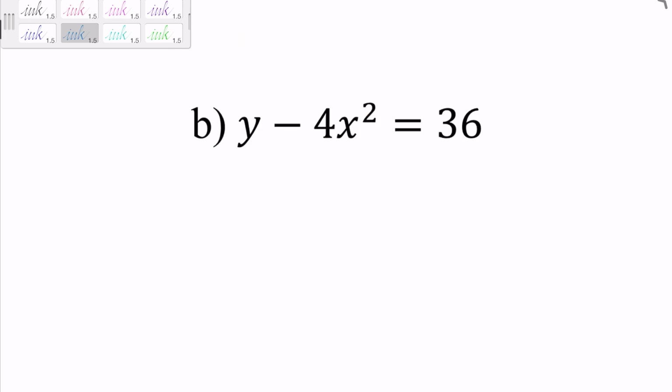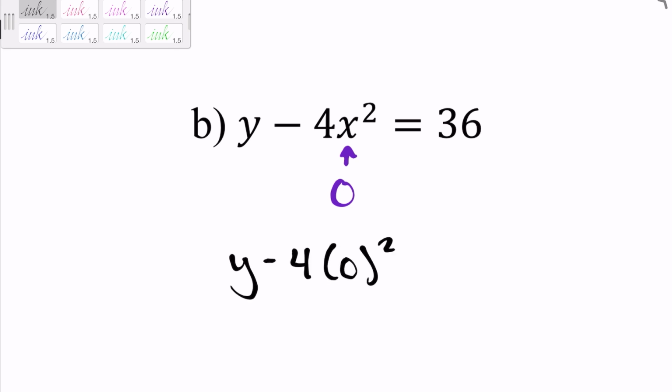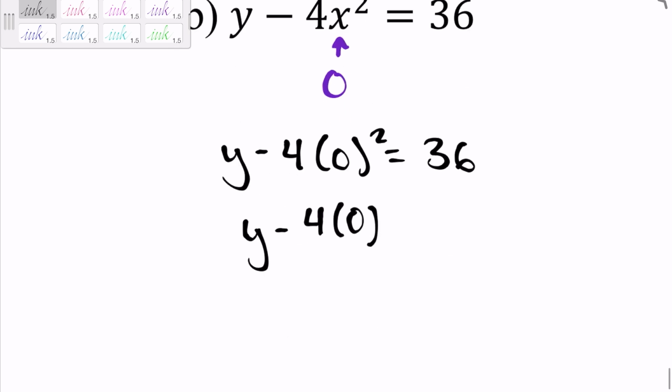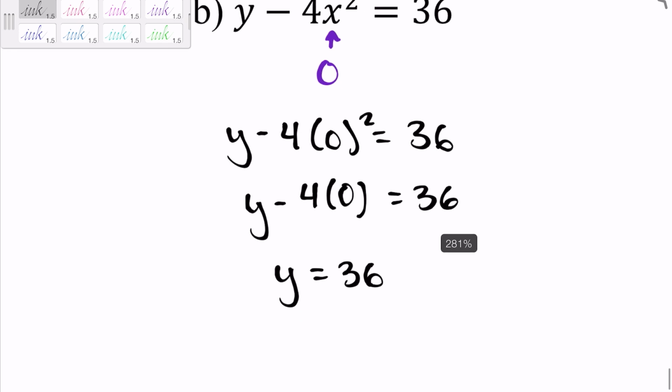The next one, I have an equation. And so I'm going to plug an x value into my equation and see if I get multiple y values for my solution. You can pick any one you want. It really doesn't matter. I'm going to say 0 because that sounds like fun. And I end up with one solution.